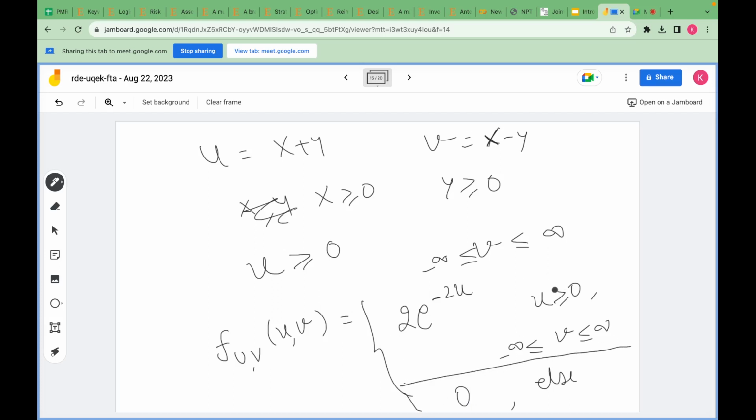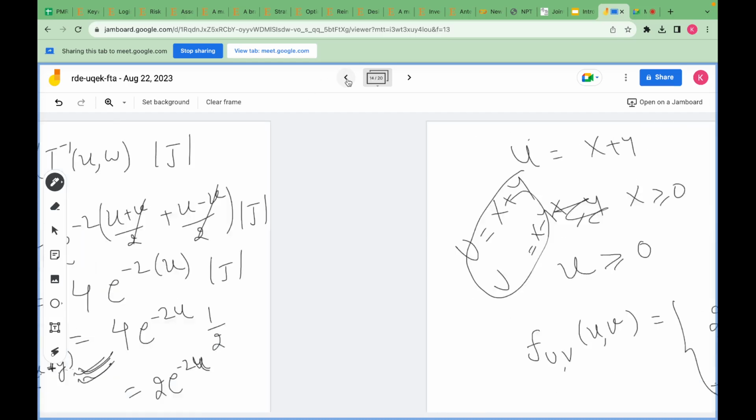Okay, so this is how you calculate the distribution or cumulative distribution function or probability density function for functions of random variables. For functions like this u and v, these are functions of two random variables.